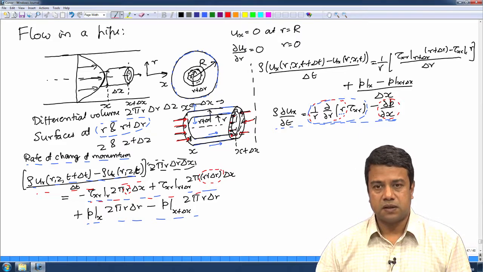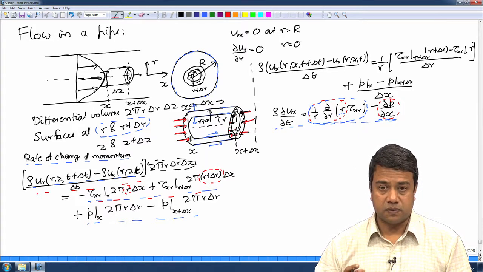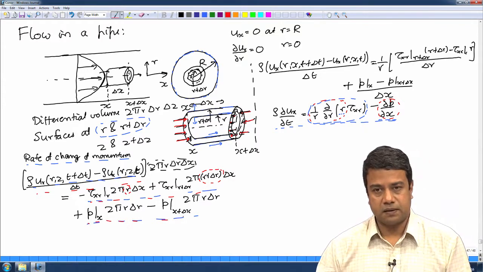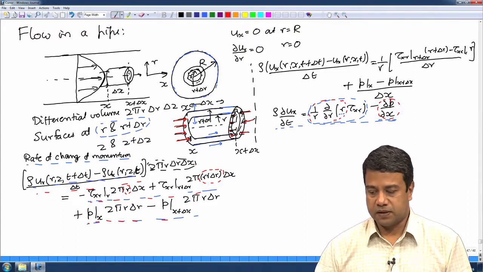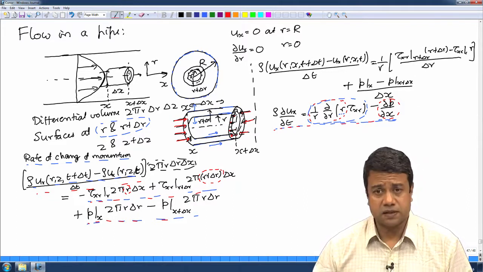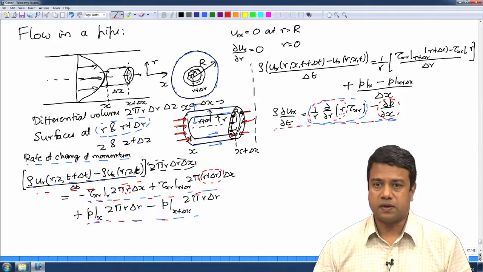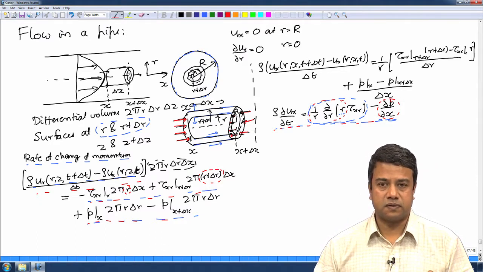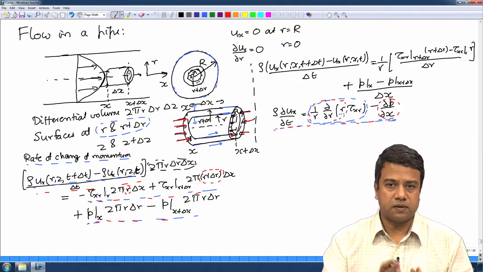So, in any direction that is perpendicular to the flow, I will be left only with the pressure term. I will get an equation of this form except that all the velocities are 0, because the velocity is only in the x direction. Therefore, I will get only a pressure gradient in that direction equal to 0. So, the pressure has to be a constant in any cross section perpendicular to the flow.